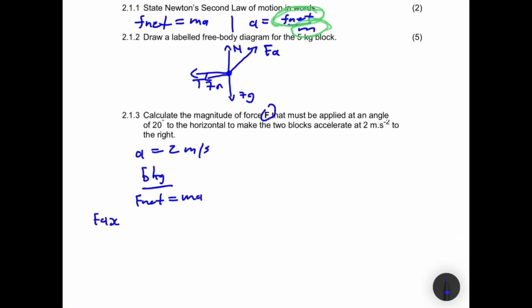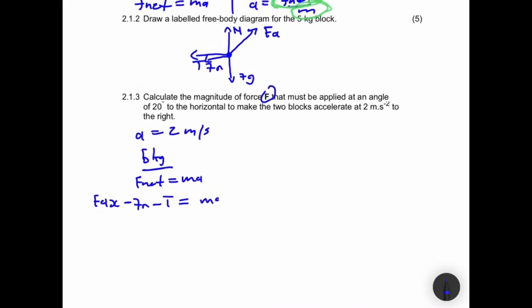We're going to resolve the applied force along the x. And then we're going to minus all the forces that are opposing the motion. Which forces are opposing the motion? Obviously, frictional force will be opposing the motion, and then the tension force will also be opposing the motion. And this will all be equal to ma.